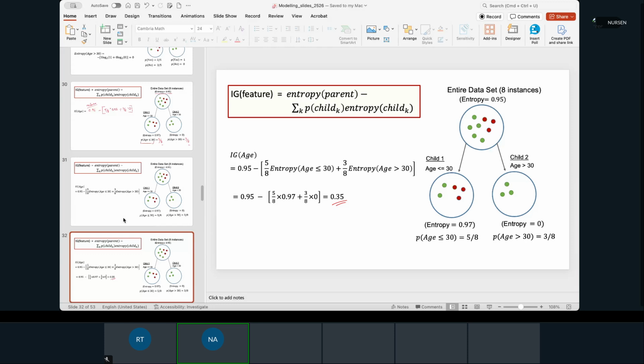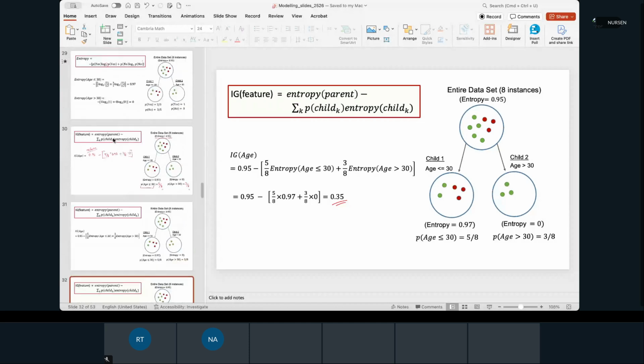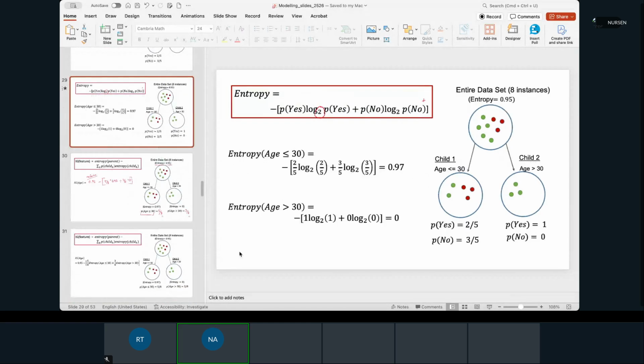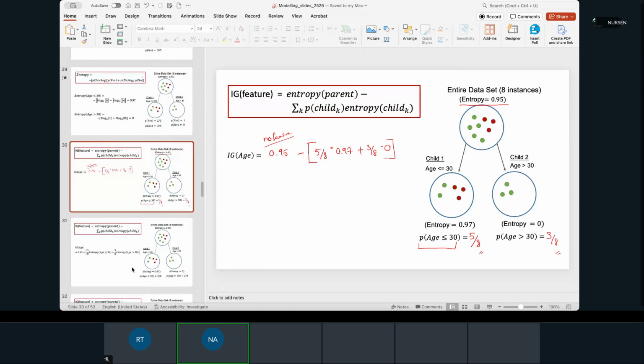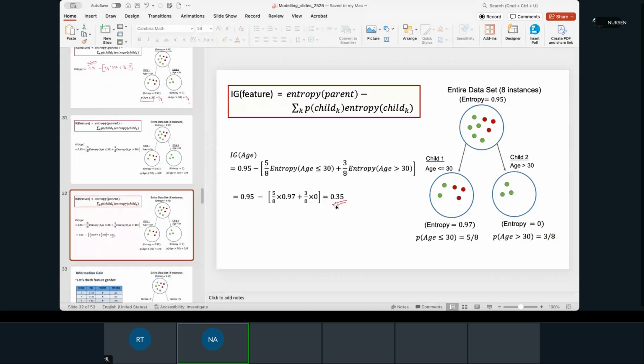Let me see whether we calculate the whole entropy of age. One of the categories in the age can help us to have 0 entropy, but in the other category, we have really high entropy. So overall, this value is actually 0.60, right? So that we decrease the whole entropy by 0.35.